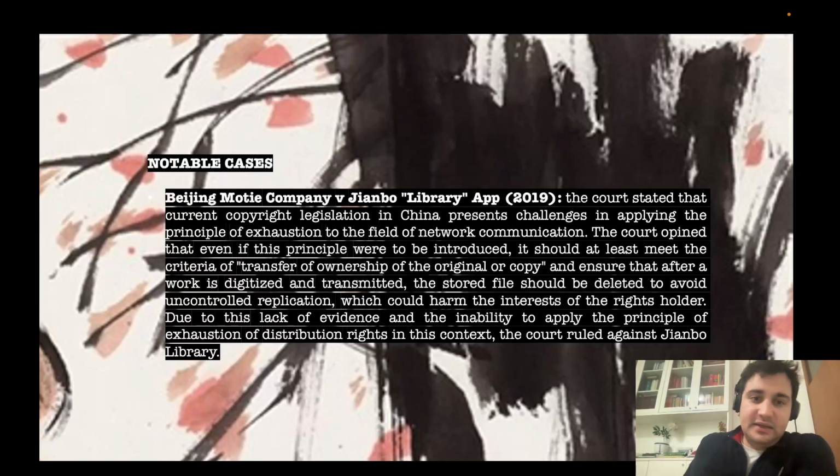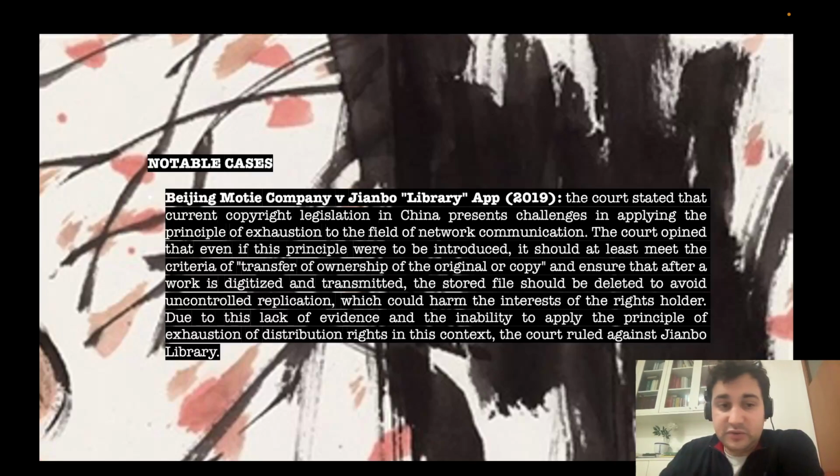The court opined that even if this principle were introduced, it should at least meet the criteria of transfer of ownership of the original or copy, and ensure that after a work is digitized and transmitted, the stored file is deleted to avoid uncontrolled replication, which could harm the interest of the rights holder. Due to the lack of evidence and inability to apply the principle of exhaustion of distribution rights to the content, the court ruled against Jumbo Library.